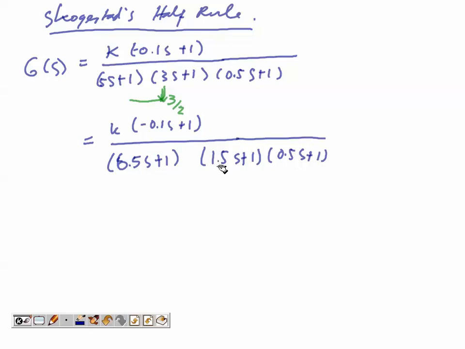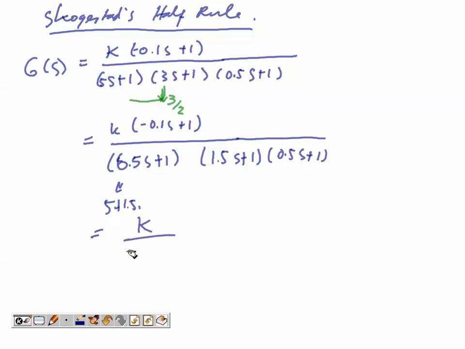Why does this become 1.5? Because we divide by 2. So 1.5 is added to the highest one, 5, so this is 5 plus 1.5, and the rest remains.